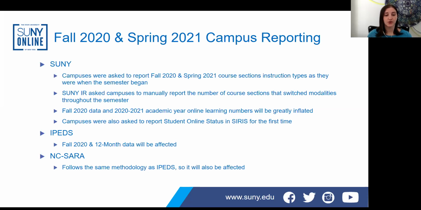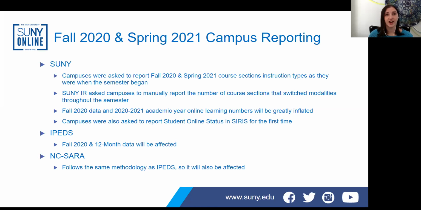NC-SARA data, so for those of you who are part of NC-SARA, that data follows pretty much the same methodology as IPEDS. So it will most likely also be affected. It will probably look like there are more students attending online modalities because there were. So again, it doesn't get to the level of detail to say that a student intended to be online.